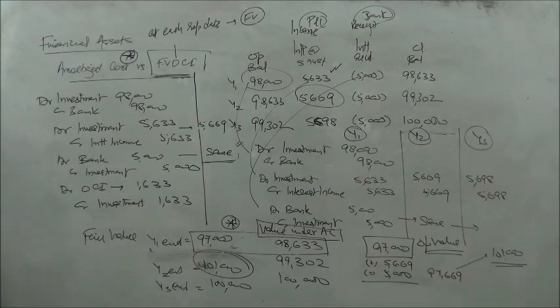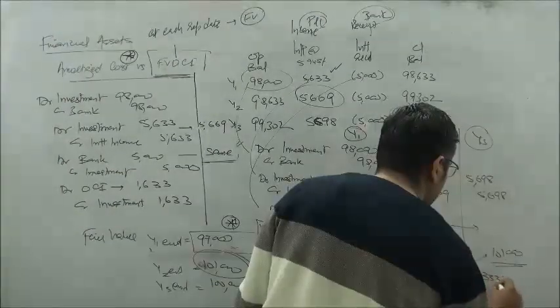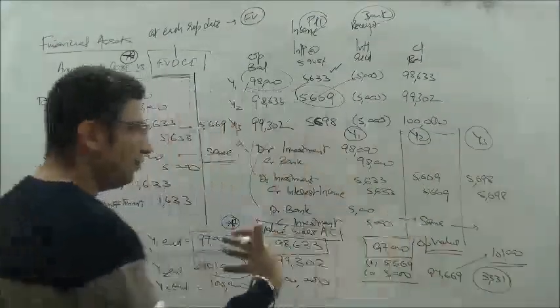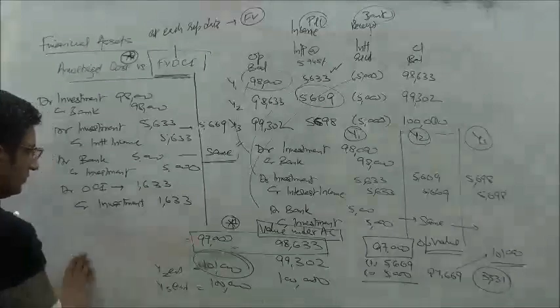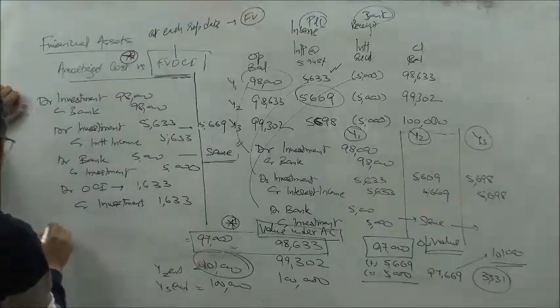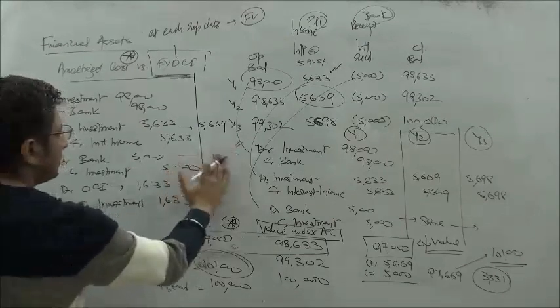So in this case, my gain to be reported shall be 3331. This is my purely fair value differential. So the way I do the accounting here for year 2, let's do all these calculations again.